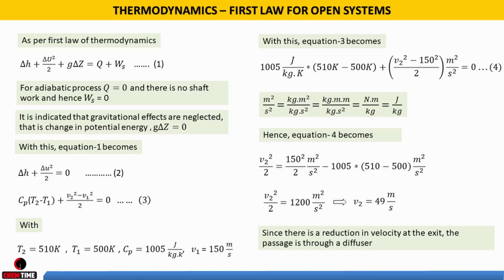So just now we have shown meter square per second square can be written as joules per kg. So as a result, V2 square by 2 will be 150 square by 2 meter square per second square minus 1005 into (510 minus 500). The joules per kg there will be replaced with meter square per second square. So V2 square by 2 will be 1200 meters square per second square. V2 will be 49 meters per second. Since the velocity is reduced compared to the inlet, the passage is through a diffuser.